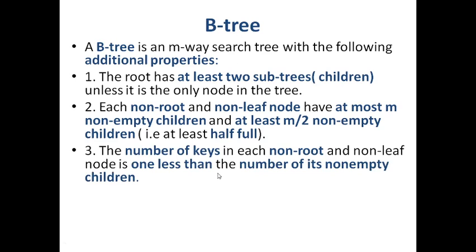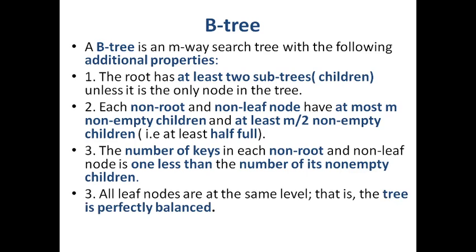And the third one is that the number of keys in each non-root and non-leaf node is 1 less than the number of its non-empty children, which is the same old condition, that you can have m minus 1 values or keys in each node. All leaf nodes are at the same level.